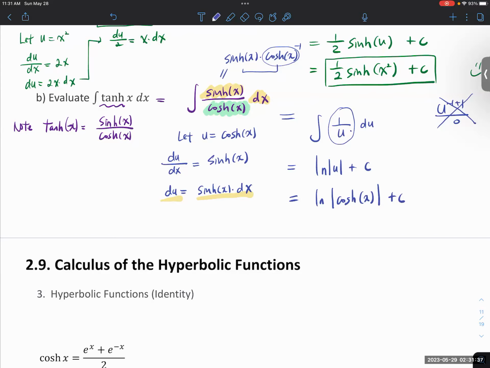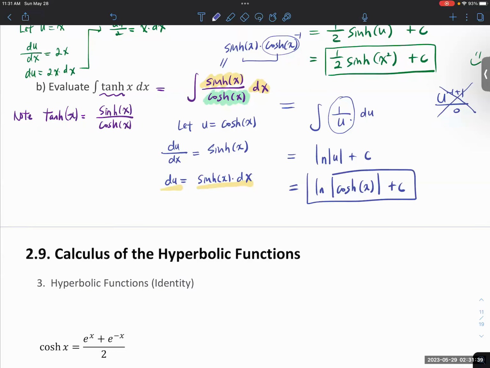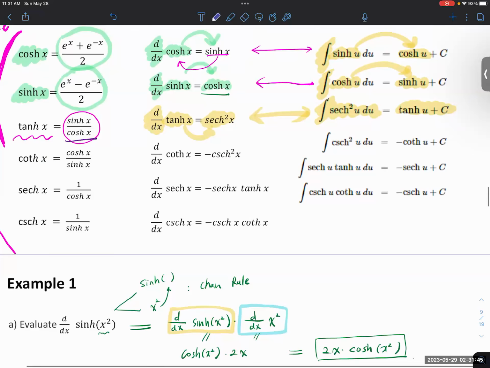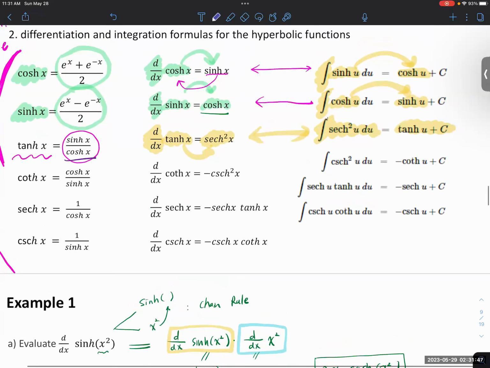I'm going to add this information because there was missing information here. We are taking the integral of tanh x dx, and we just proved that it is ln(cosh x) plus c.